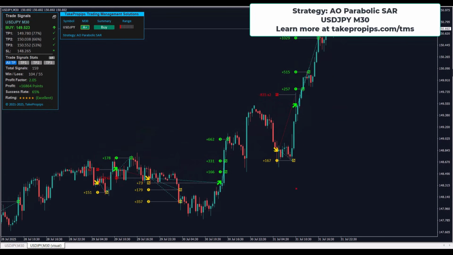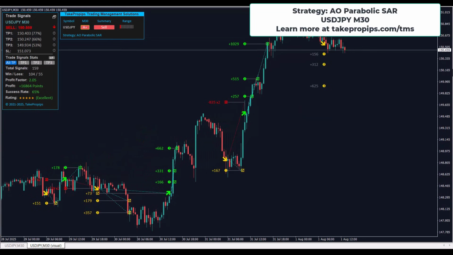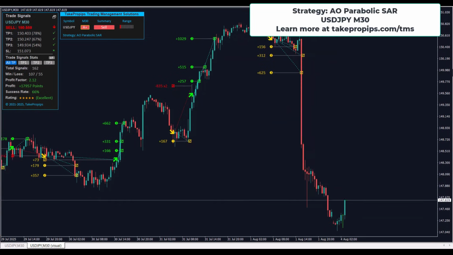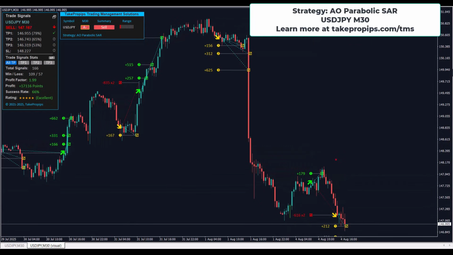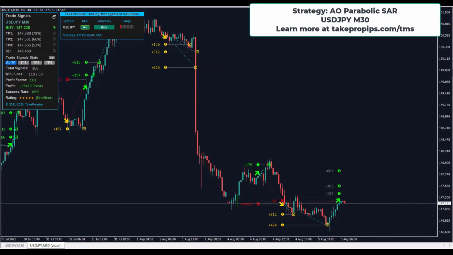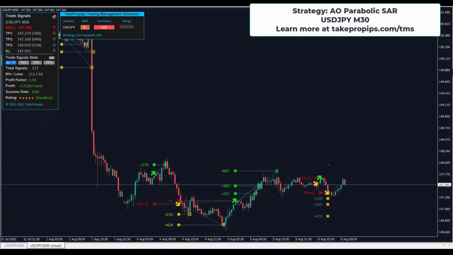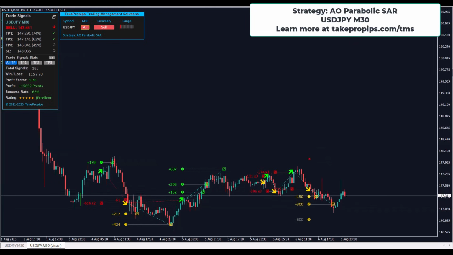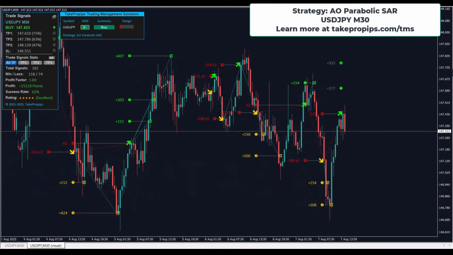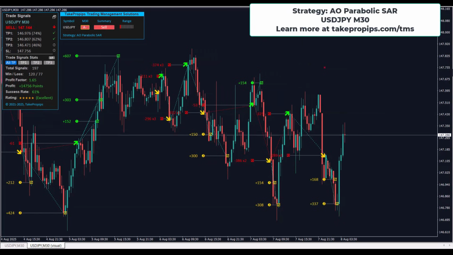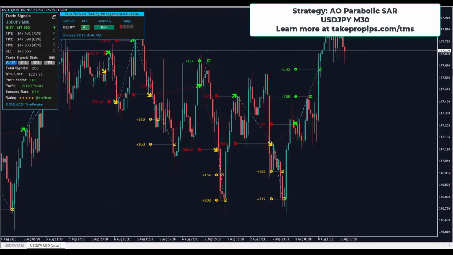Now let's talk about risk management, because this is where the Trading Management Solutions EA really shines. The stop loss is not just a random fixed pip value. Instead, it is dynamic and adapts to current market conditions. It can use key support and resistance zones or an ATR multiplier to determine where the stop should go.